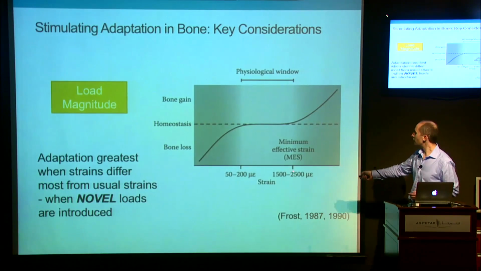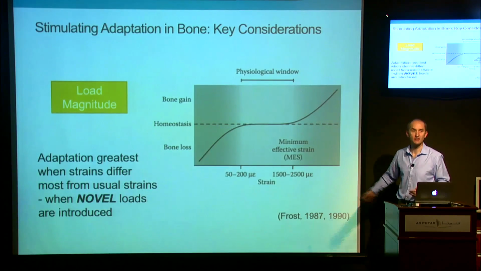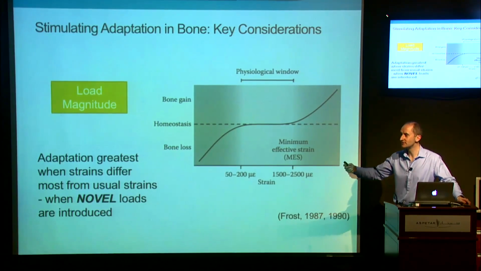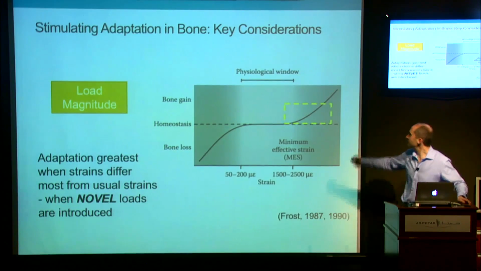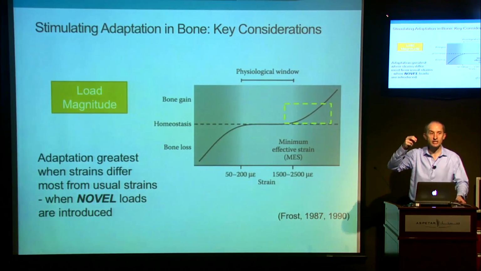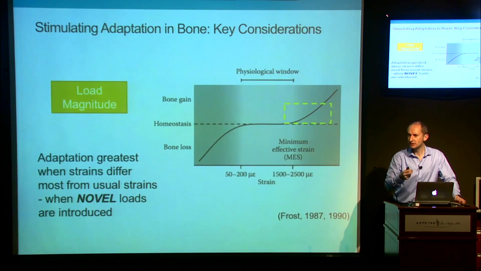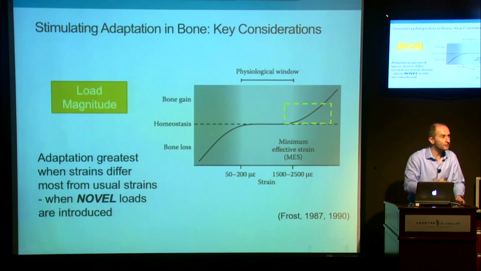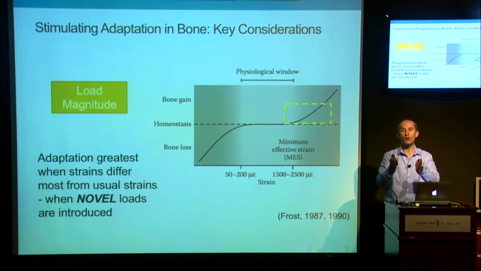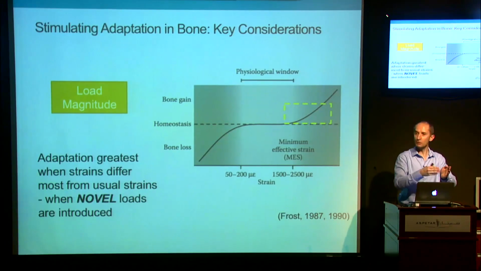What we know is that we have to exceed normal average everyday loading to get adaptation. Okay? So we have to live in this zone somewhere if we want to experience a change. The load has to be of a great enough magnitude to stimulate an adaptation. And if we just load it the way it's always loaded, we won't see a change.